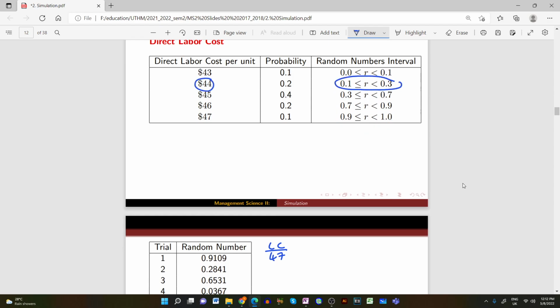So the labor cost is 44. The third one is 0.6531. 0.6531 is somewhere here. The labor cost is 45. Hope you guys understand. Now continue.